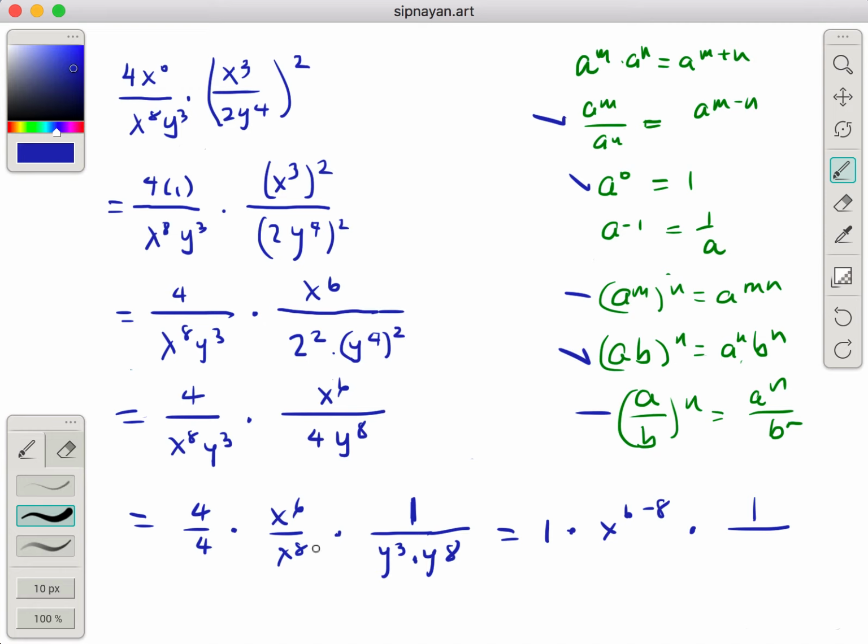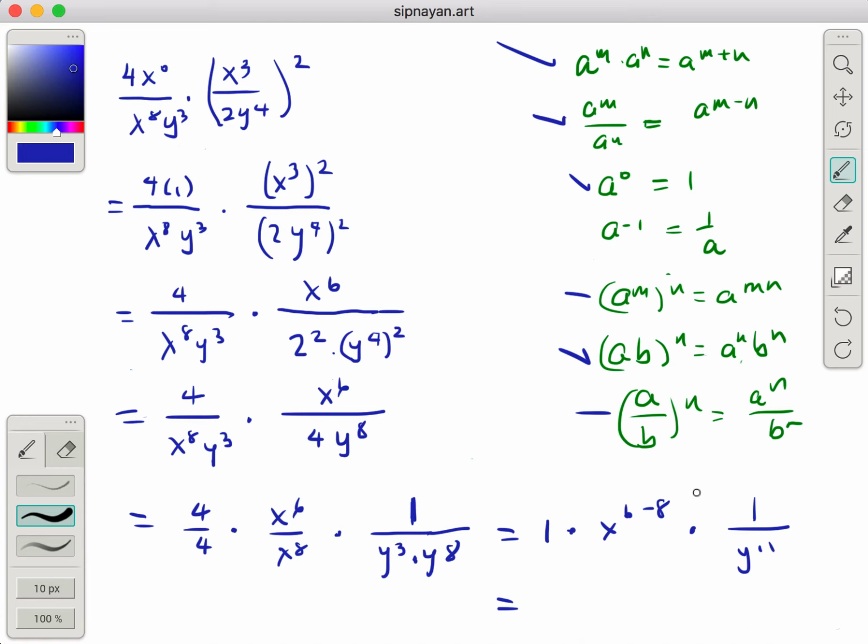If we have a division of expression with the same base and an exponent, we subtract the exponent. So, nag-6 minus 8 tayo dito. And ito, kopyahin natin. Pero meron tayong y cubed times y to the 8th. Ang ginagawa natin sa exponent, ina-add natin. So, y to the 11th.